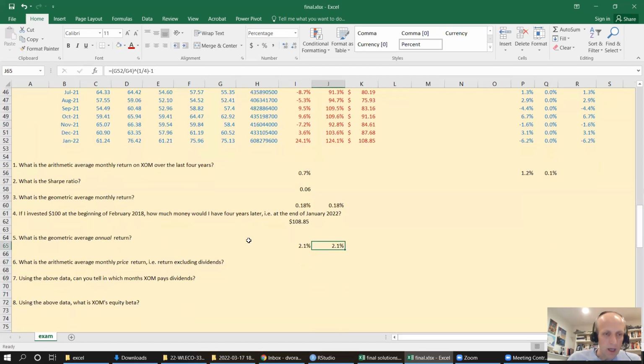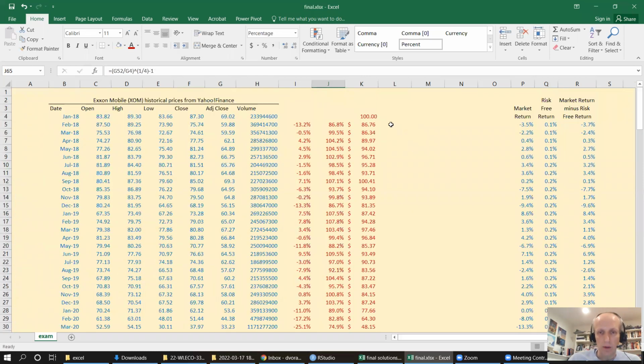Okay. What is the price return? So return excluding dividends. Well, that's just the percent change in the price, on the closing price rather than the adjusted closing price. And so that would be this column F minus the one over here, divided by F4.